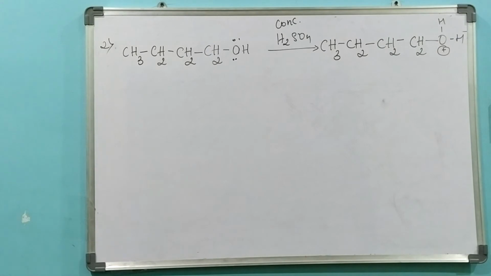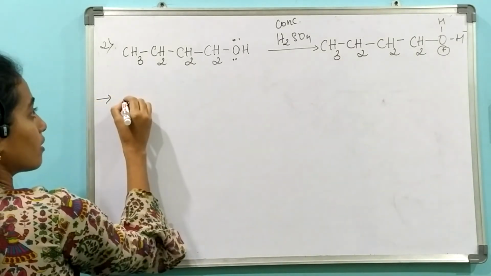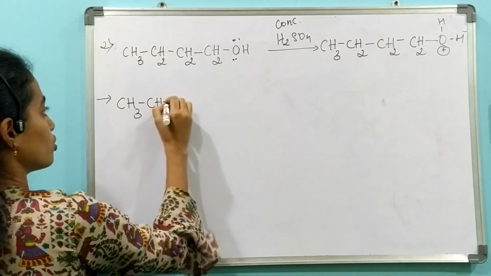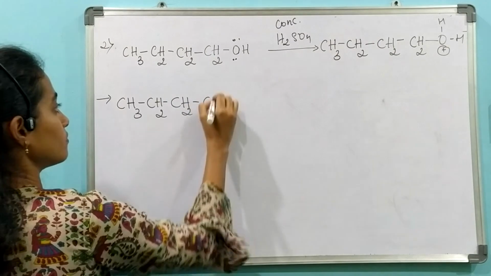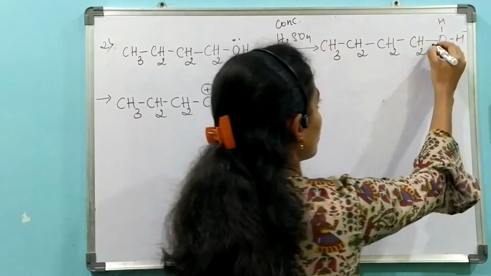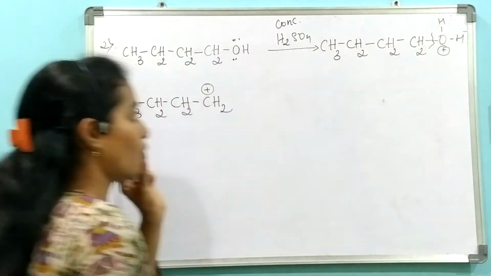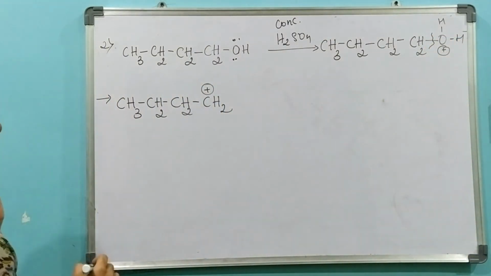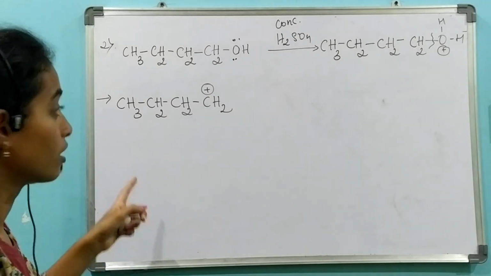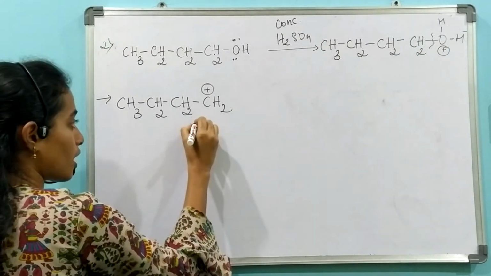Once we get the protonated alcohol, it becomes easy to remove the water molecule because oxygen becomes unstable there. So we will be getting a carbocation after the removal of the water molecule. Correct? So I have removed the water molecule by breaking this particular bond, and I will be getting a carbocation formed. So the intermediate for this mechanism is the carbocation. So I have got the primary carbocation.